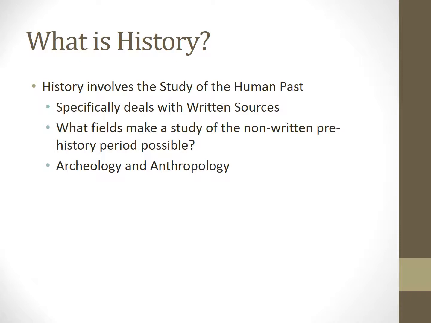There are literally numerous different types of analysis that historians use to construct a narrative of the past. And we're going to first look at the history of humans prior to civilization, prior to written evidence, prior to written languages. And to do this, historians have to rely on archaeology and anthropology.